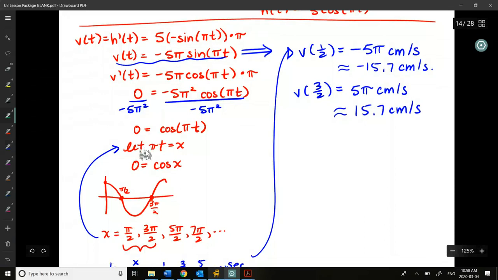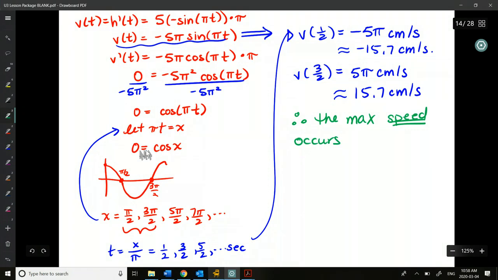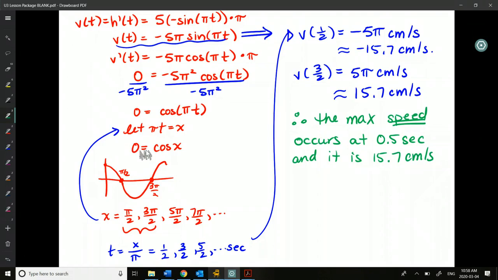So what is the first time that the maximum speed occurs? 1/2, so 0.5 seconds, and it is 15.7 centimeters per second. Another maximum speed also occurs at 1.5 seconds, but it's not the first time that it occurs.